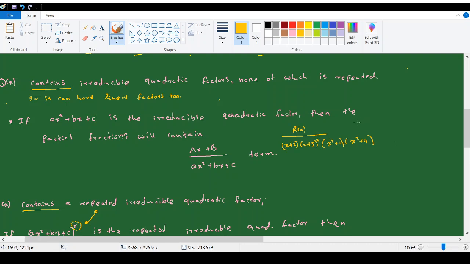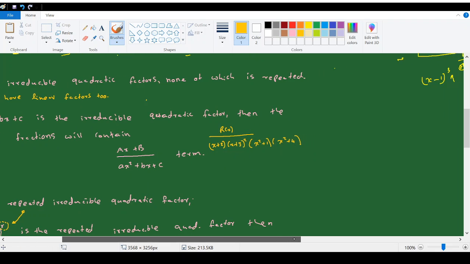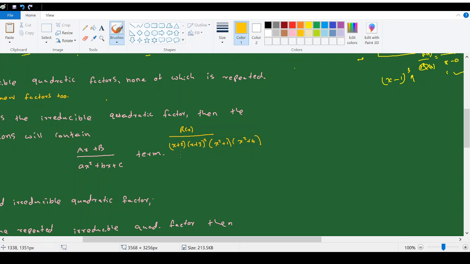this one. Now we have a certain numerator, and also remember we are dealing with improper fractions. And for the denominator, for Qx, what if we have this format? Now in the previous two categories, we did not have an irreducible quadratic factor, but in this case you have two irreducible quadratic factors.